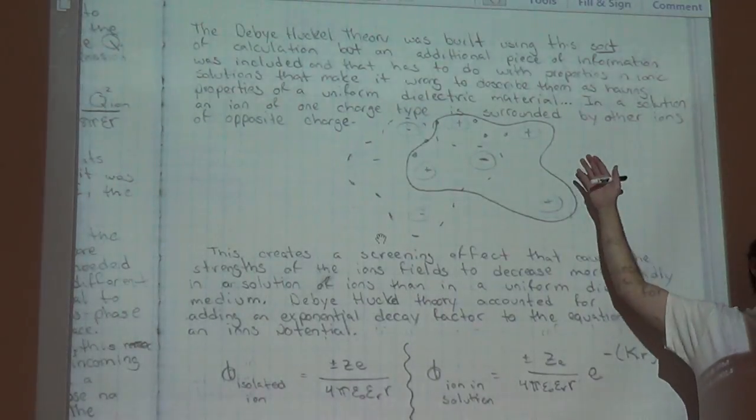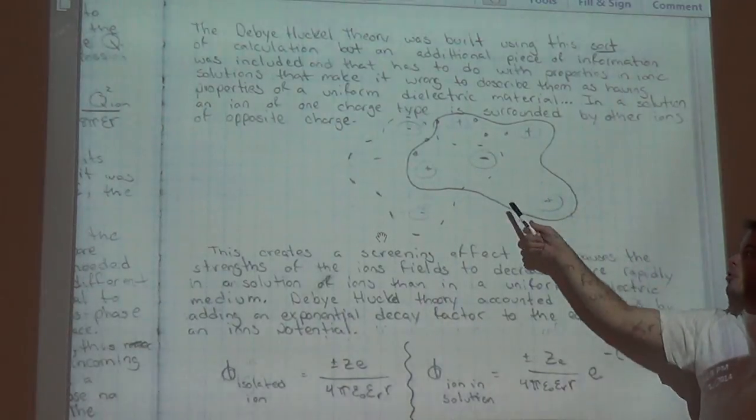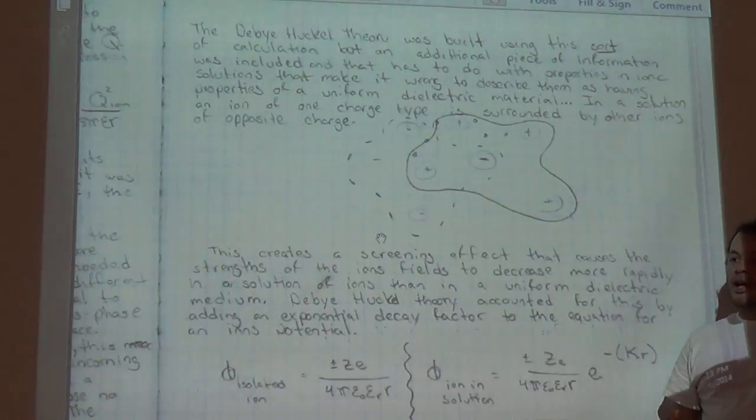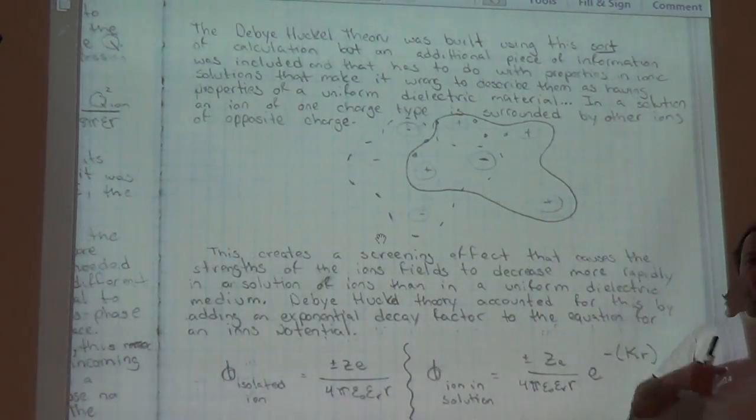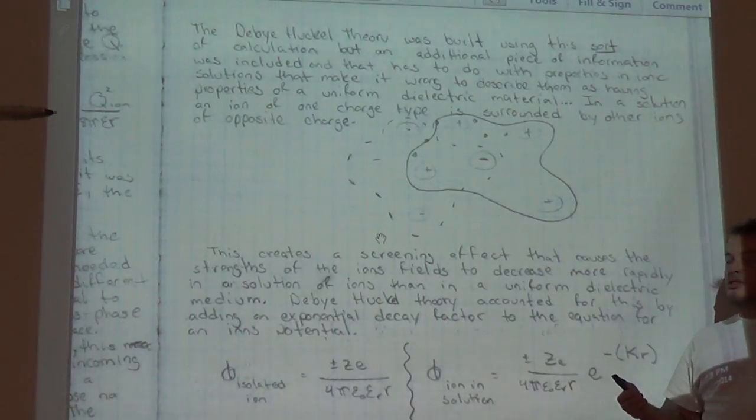In solutions of higher concentration, a negative ion is surrounded by more positive ions on average than it would be in a solution of low concentration. And it turns out that these surrounding ions kind of retard the mobility of the ions in solution.